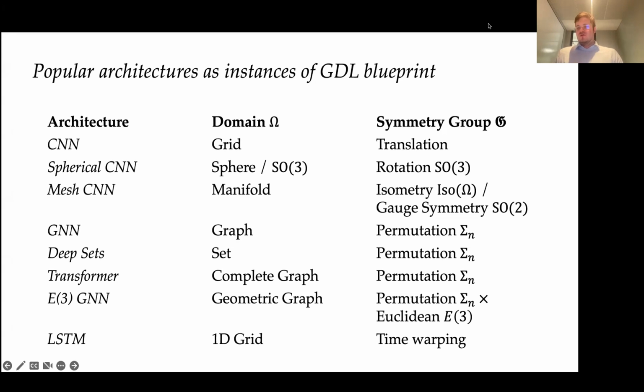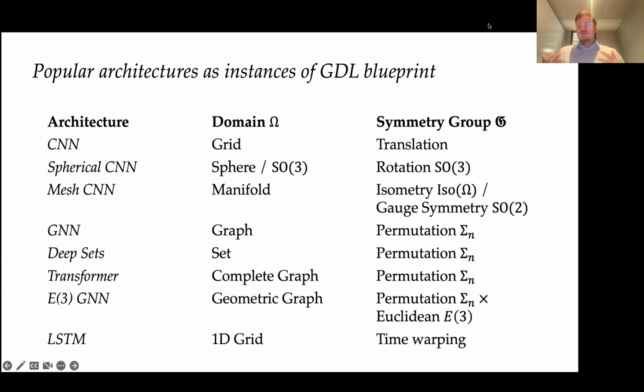Following the blueprint in those cases for the specific symmetry groups you care about gives rise to spherical CNNs for data over spheres, mesh CNNs for data over manifolds, and E(n) equivariant GNNs for data that lives on geometric graphs, such as molecules or proteins.